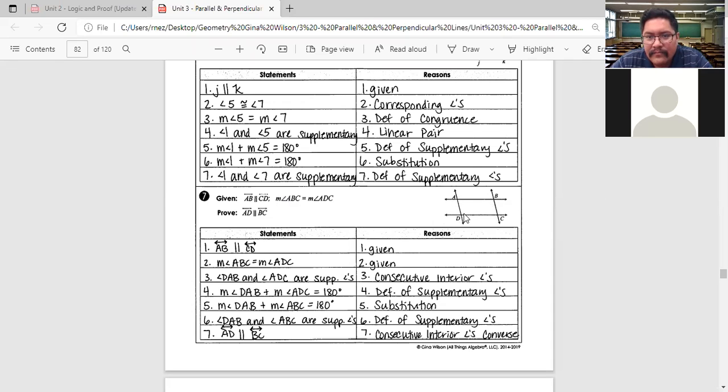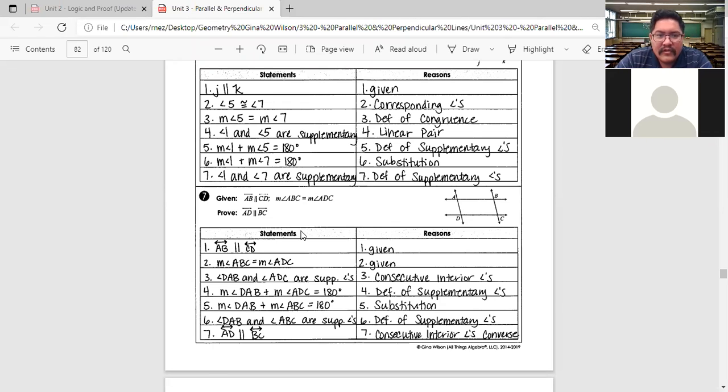So we know these two are definitely congruent. What we want to do is prove that AD, this one here, is parallel to BC. Now we know that these two are the same, and it seems like it would be pretty easy to just go with that. But again, we have to do a lot of this proving stuff.